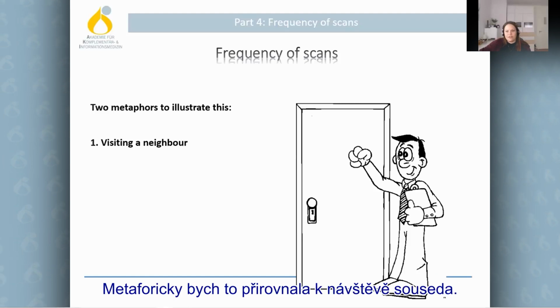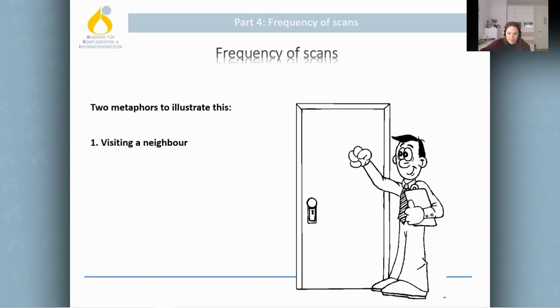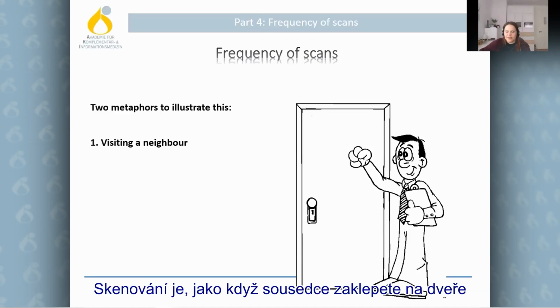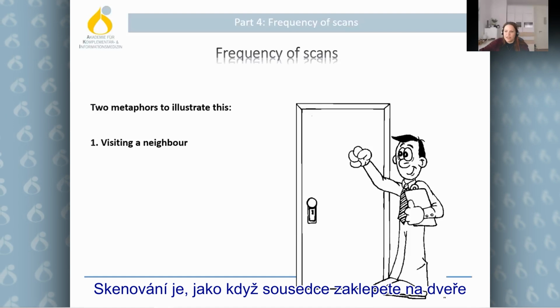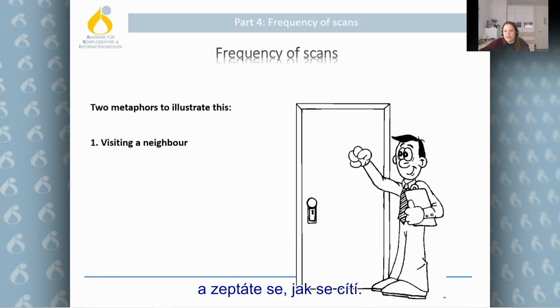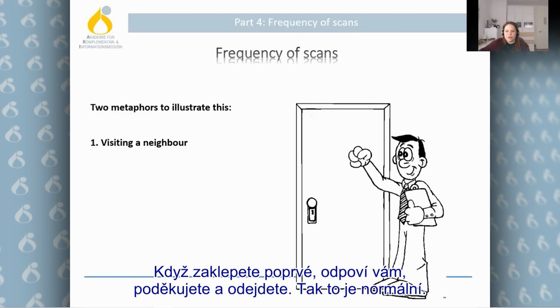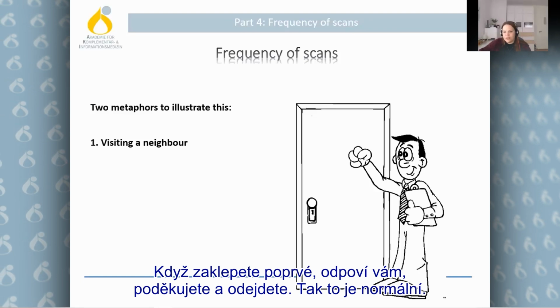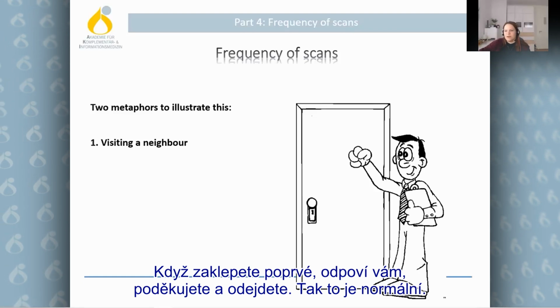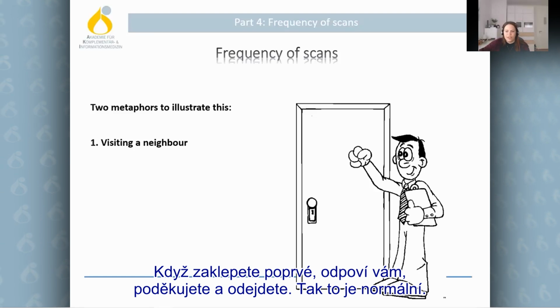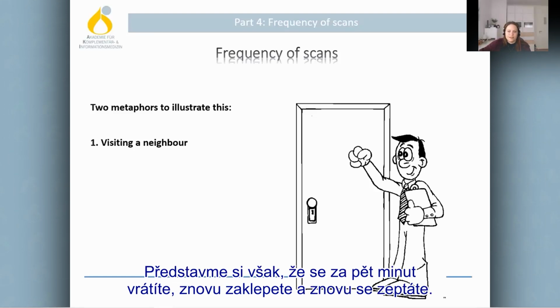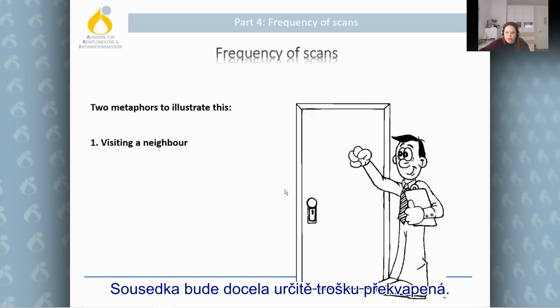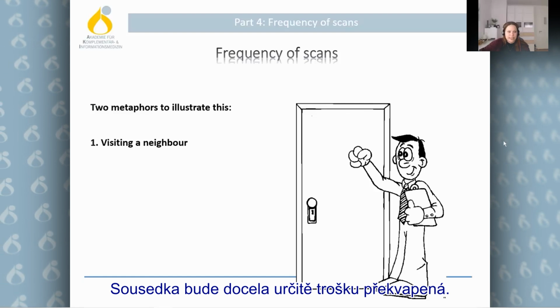For these minutes between the scans, I have this example. My metaphor is that you visit a neighbor, and scanning is like knocking on the neighbor's door and asking her how she feels. When you knock the first time, you get an answer, thank her for it, and leave. This is the normal way. In this example, 5 minutes later you knock again, the neighbor opens, and you ask again. She will already seem a little bit surprised.